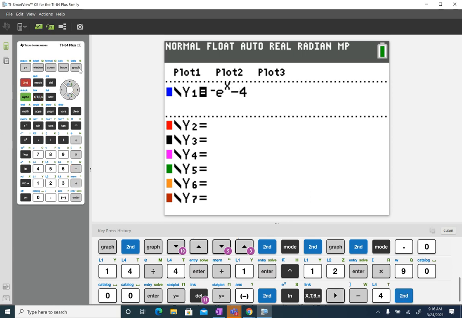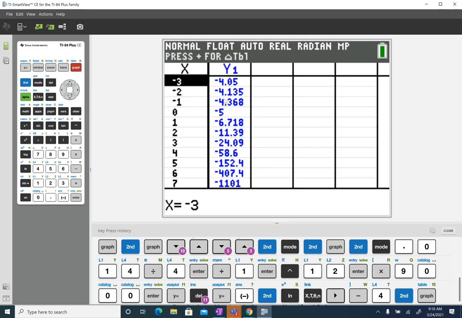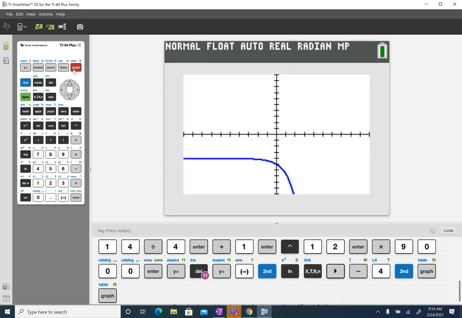You can pull up the table, and all the values are pretty much going to be decimals, which are fine. That always happens when it's e. And then if you bring up the graph, you just go ahead and sketch it. Thank you. Yep.